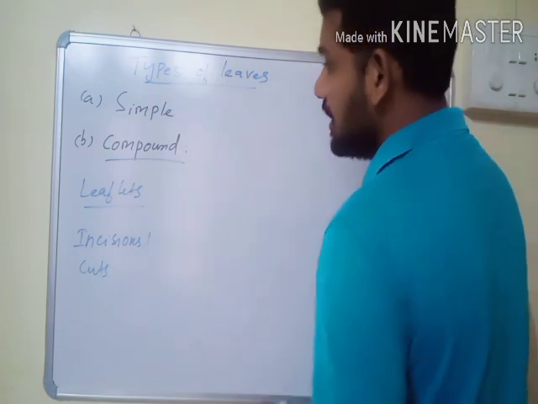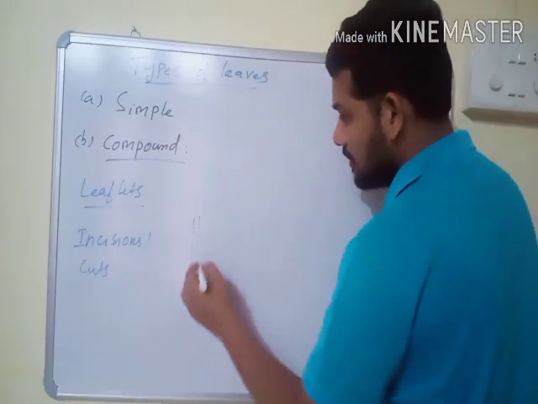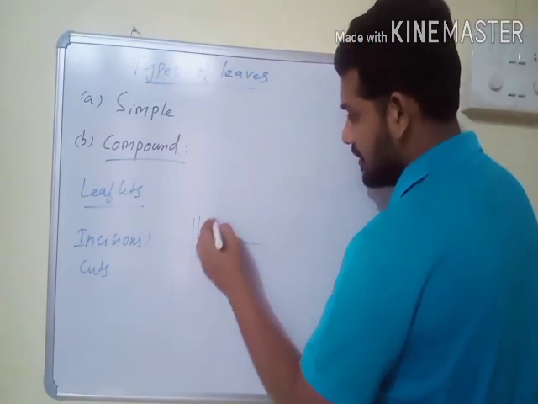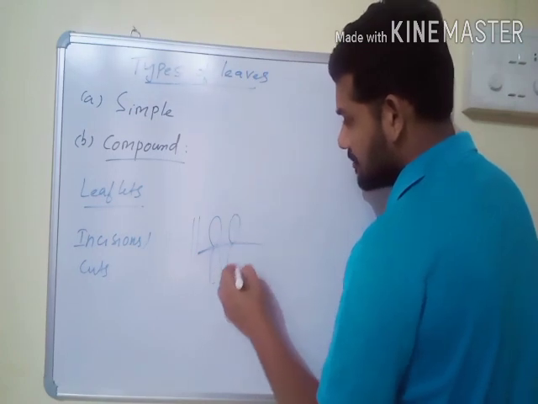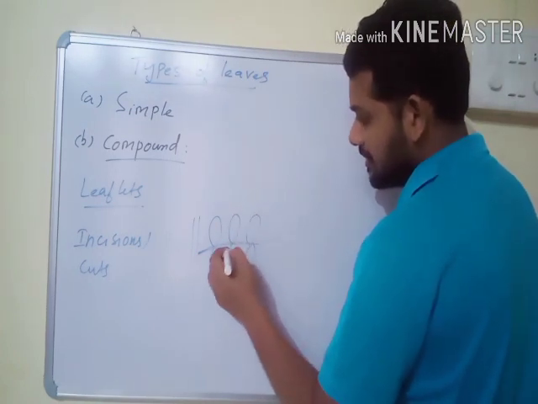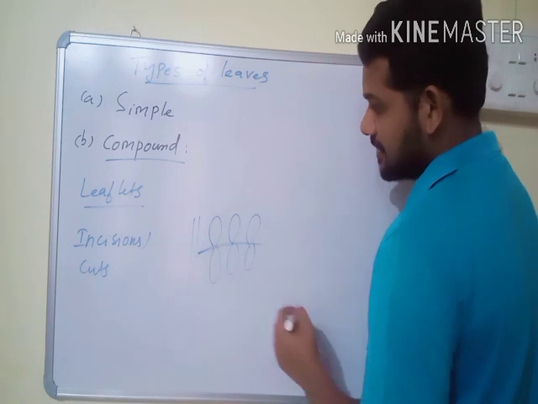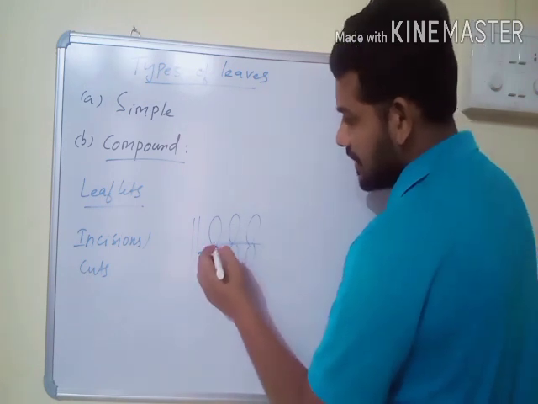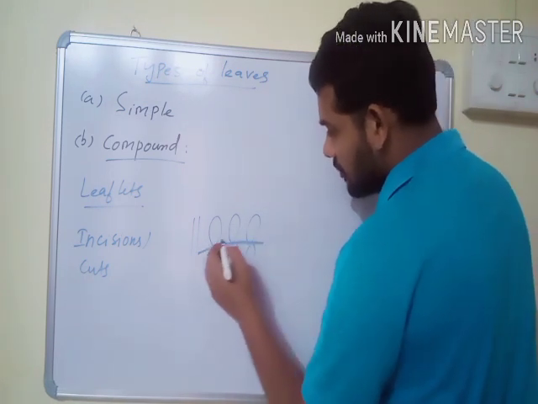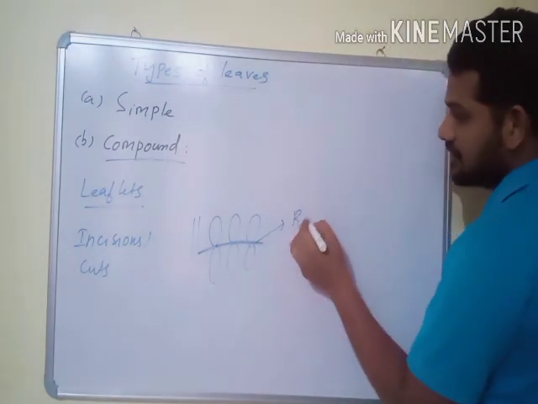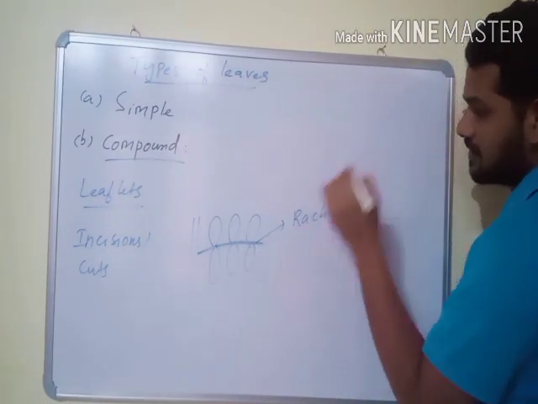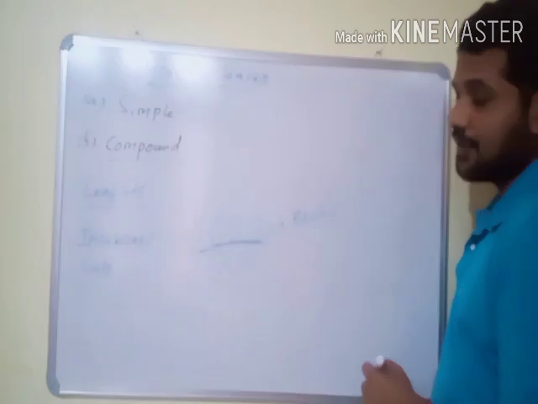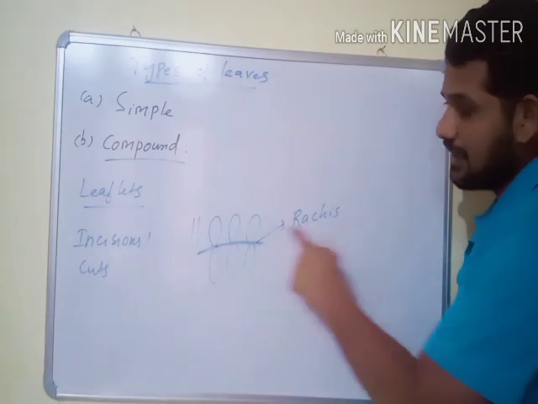For example, this is midrib, and these are the incisions of lamina. And all these leaflets are arranged on a common axis, and this common axis is called rachis, or simply the axis of compound leaf.